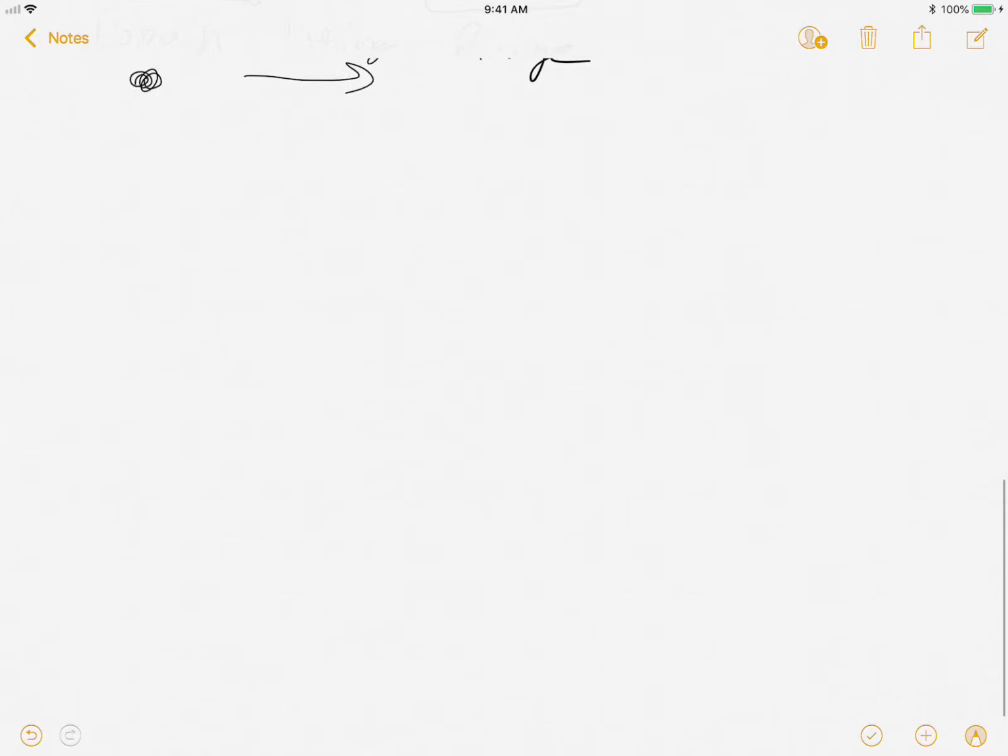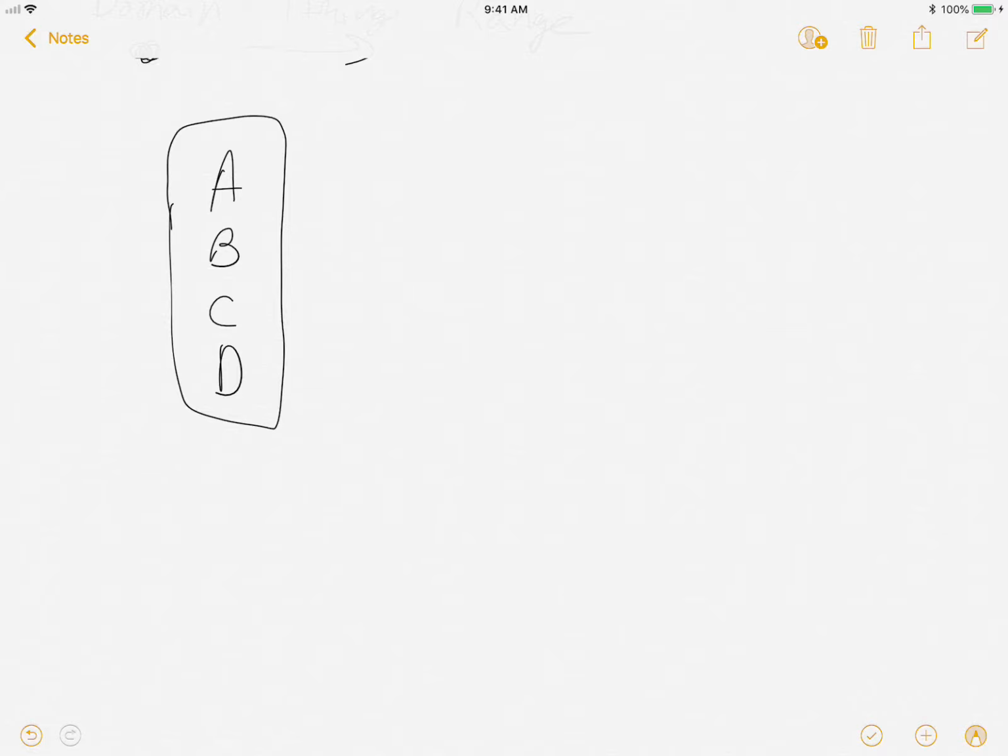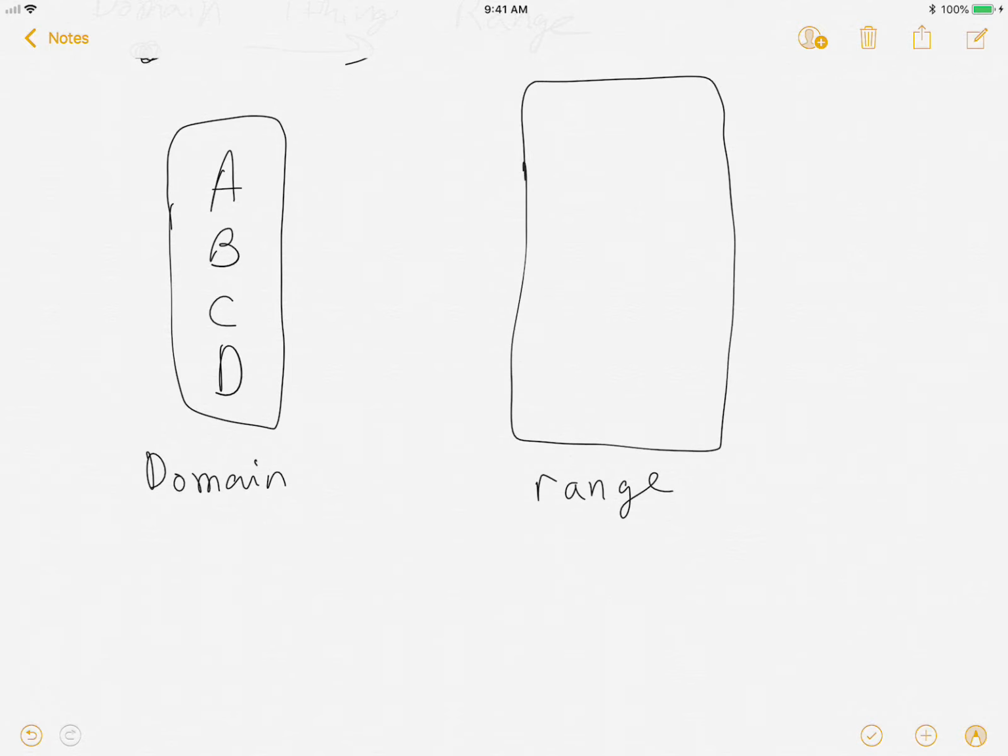Okay? Let's do an example of something that's not a function. Let's say we have students A, B, C, and D. And let's have that be the domain, and let's have the range be the different types of cars they own. Let's say student A owns a Ford. Let's say student B owns a Chevy.